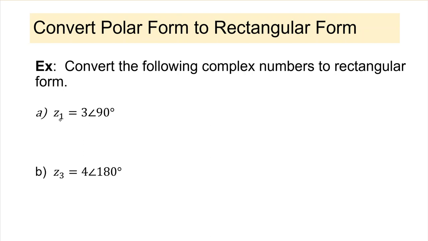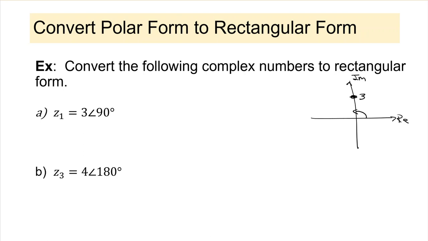So if I have in polar the complex number 3 angle 90 degrees, let's think about where that lies. Okay, so 90 degrees from the positive x-axis, I'm up here, and the magnitude is 3 units, so I'm up here at 3.